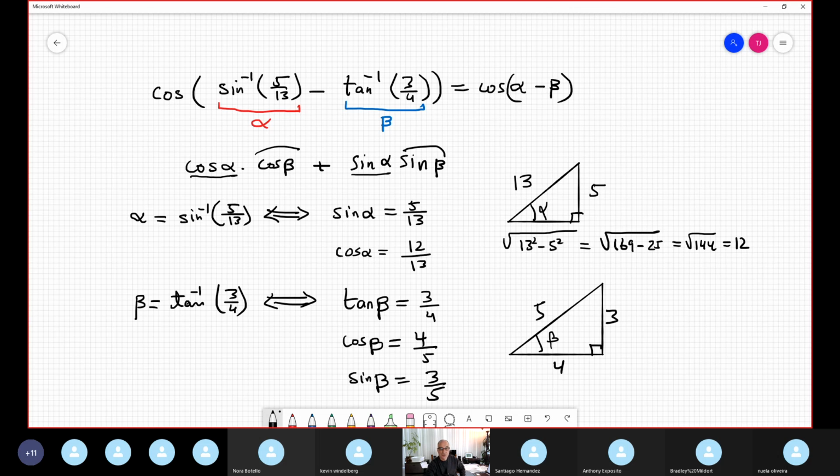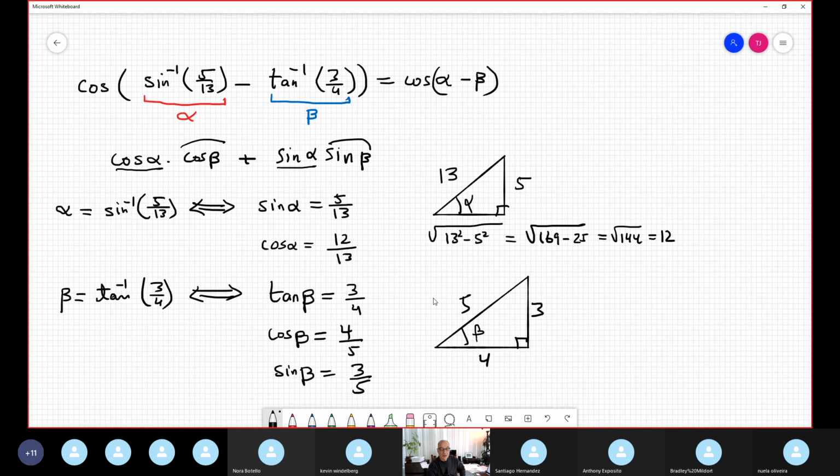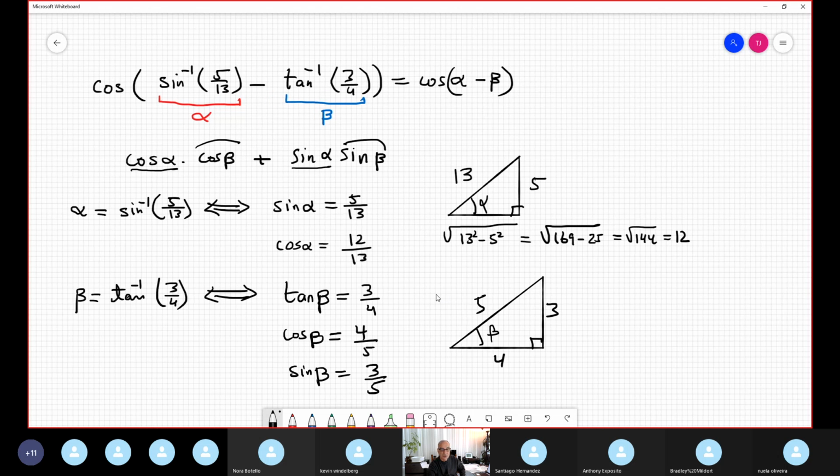Okay, now substitution. Every piece of information that we have goes into the new formula that we are studying today. Okay, substitution here. Who is cosine alpha? 12/13. Times.